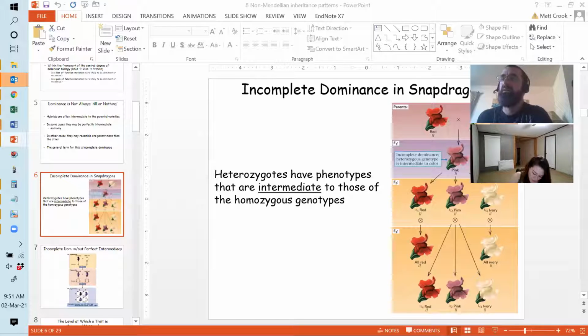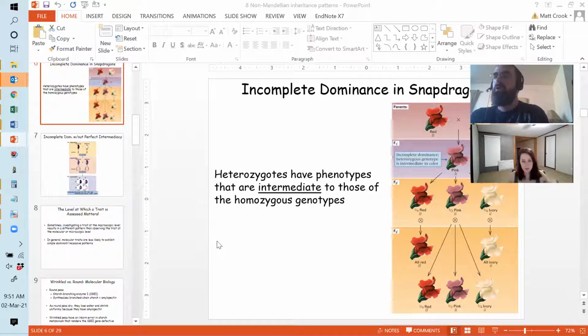And with a trait called Mack Snow, you have incomplete dominance where the heterozygotes have an intermediate level of dark pigmentation compared to the homozygous recessive, which has very little, and the homozygous dominant, which has a lot and also has black eyes as well, which the het does not. So that's incomplete dominance. It's a pretty straightforward thing to think about.